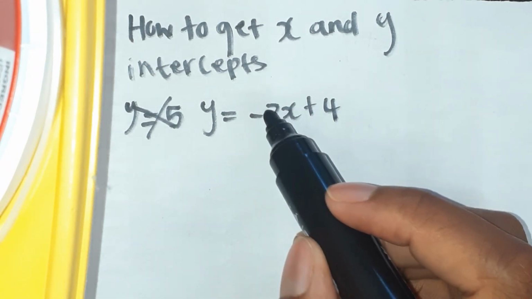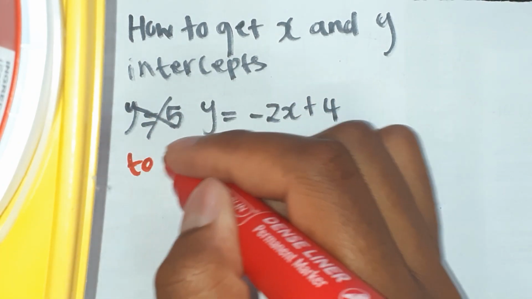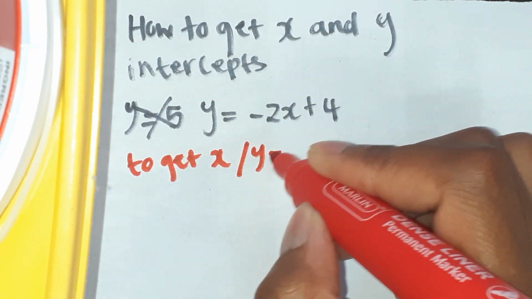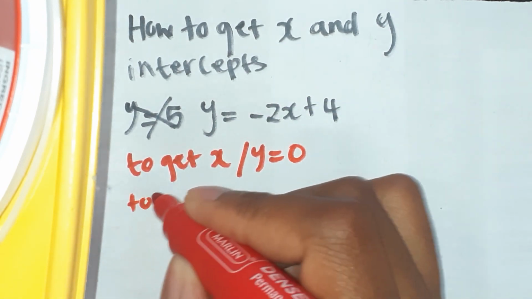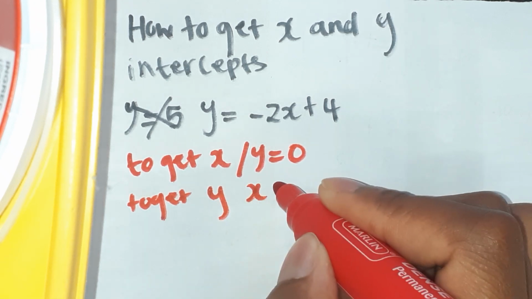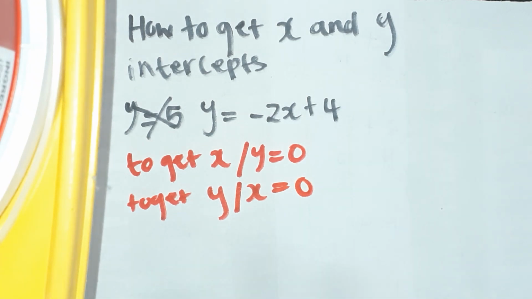And we are asked to find the x and y coordinates. To get x, y has to equal 0. To get y, x has to equal 0.